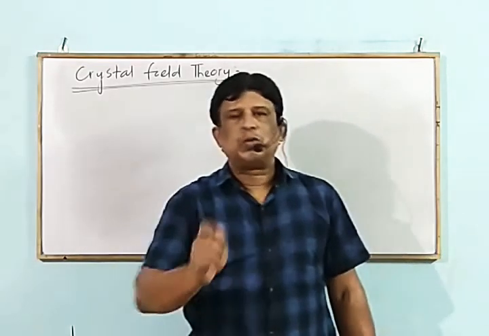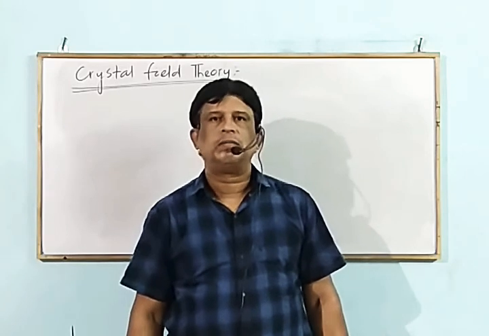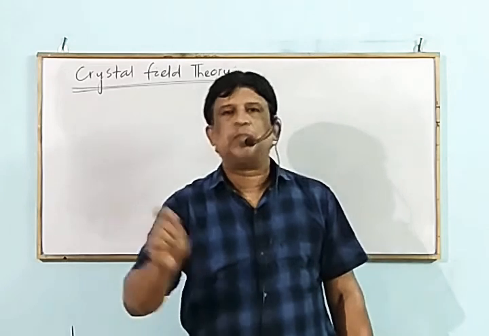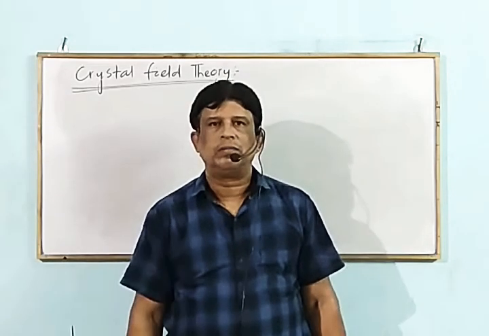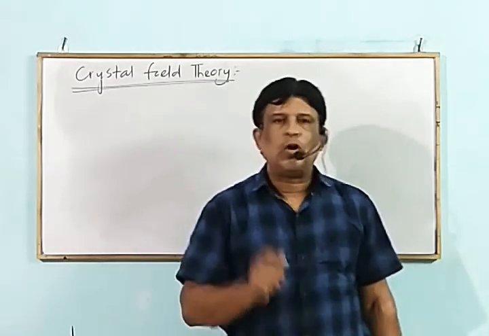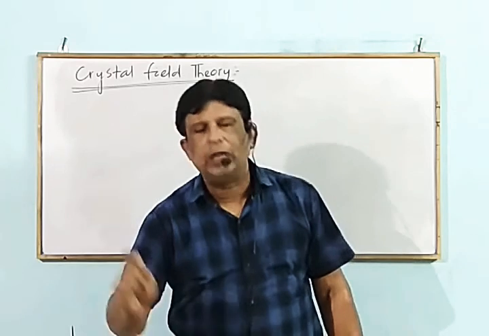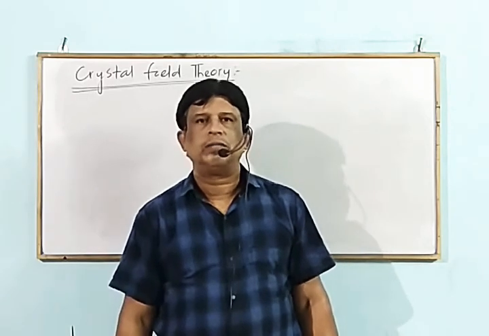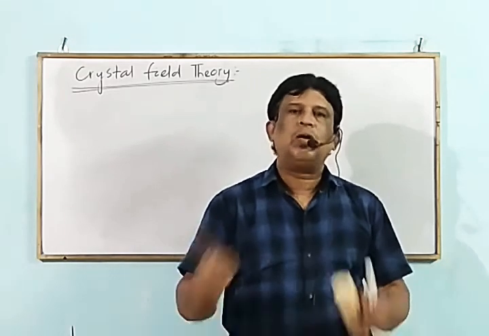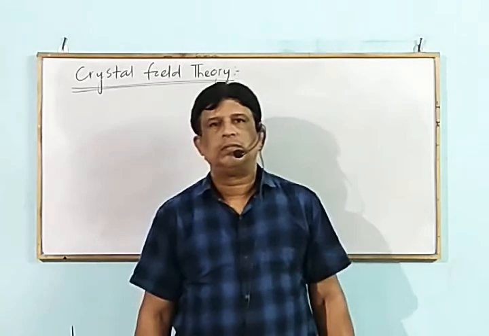Point 1: in a complex, the central metal atom behaves as a positively charged ion or cation, and the ligands donate their lone pair of electrons to the central metal atom or ion.